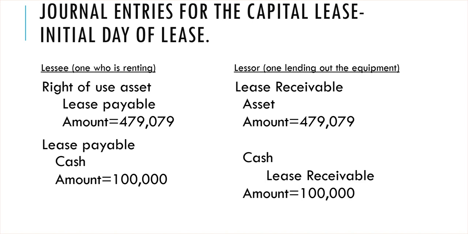So at this point in time, you would look at this and you could come up with an amount of that 479,079 that's going to be current and an amount that's going to be non-current. We don't need to do it now. We do it when we do our financials.